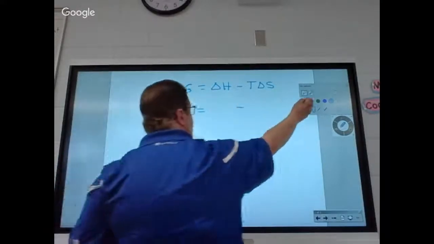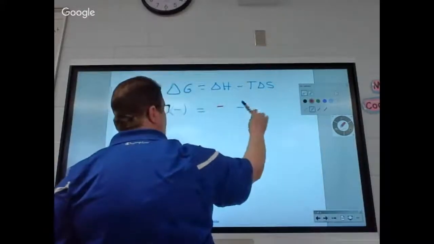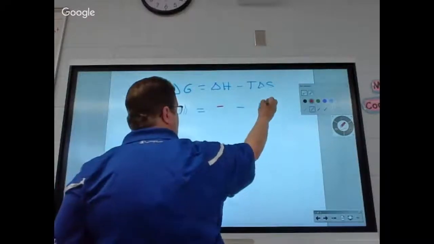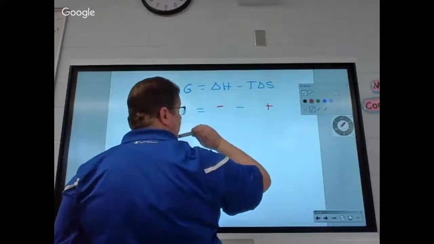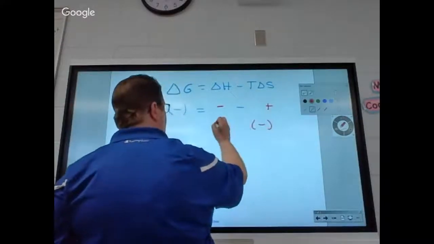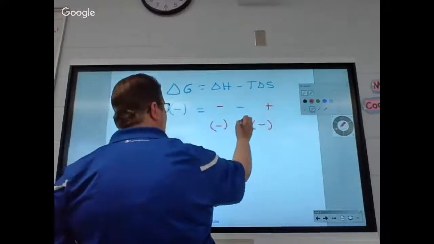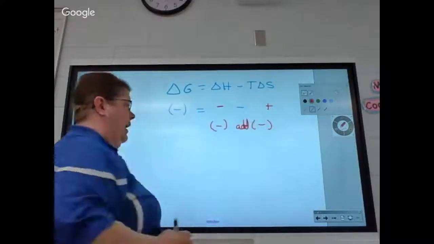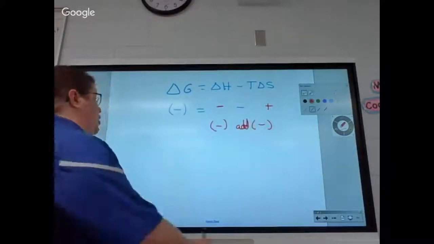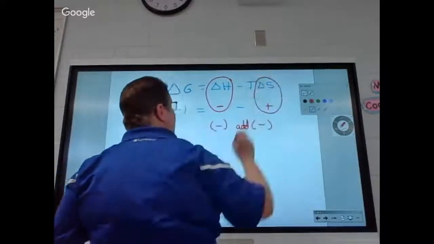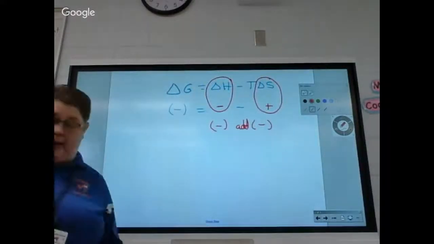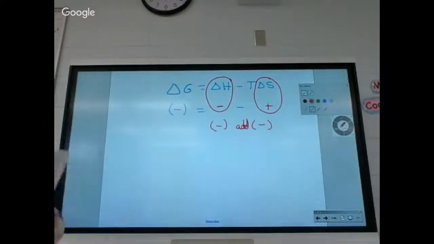You want this one to be negative and this to be a positive, because a negative times a positive will give you a negative number. And if this is negative, when you add these two things together, you get a negative. So you need delta H to be negative and you need delta S to be a positive. How do you find delta H?